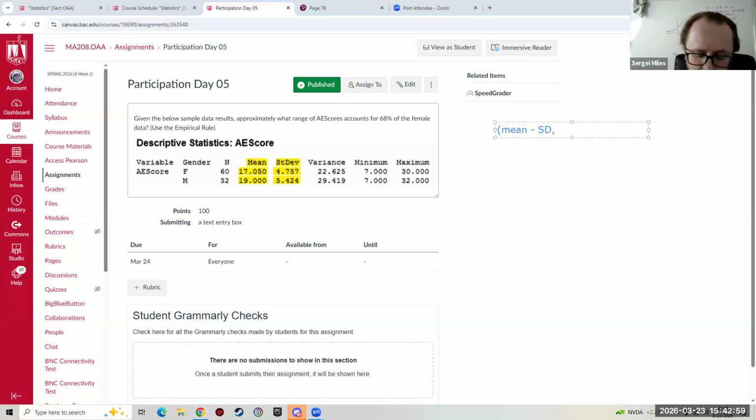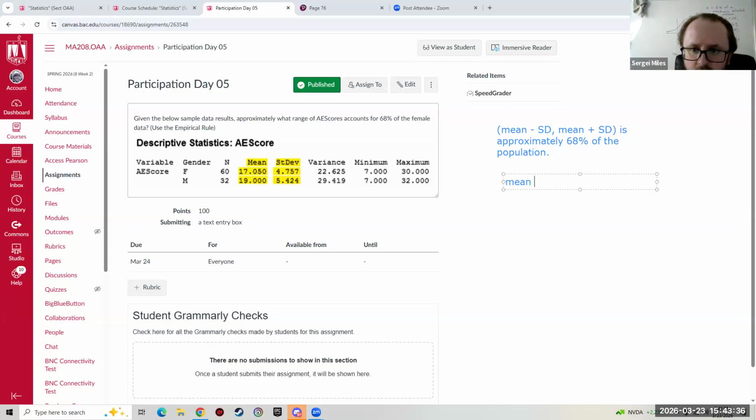According to the empirical rule, plus or minus one standard deviation, so the average minus one standard deviation up to the average plus one standard deviation, is approximately 68% of the population. So what can we do here? We have the average for women, as we're trying to create an approximation for an interval for women in this data for these AE scores.